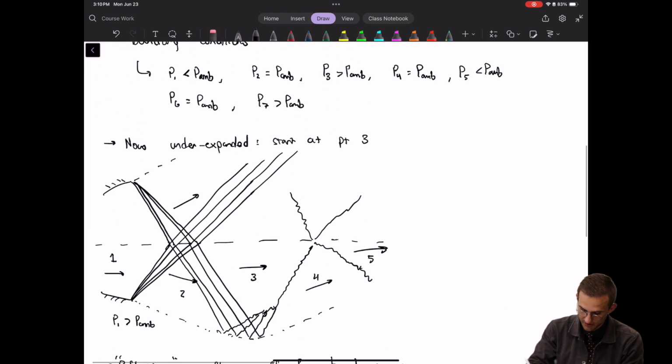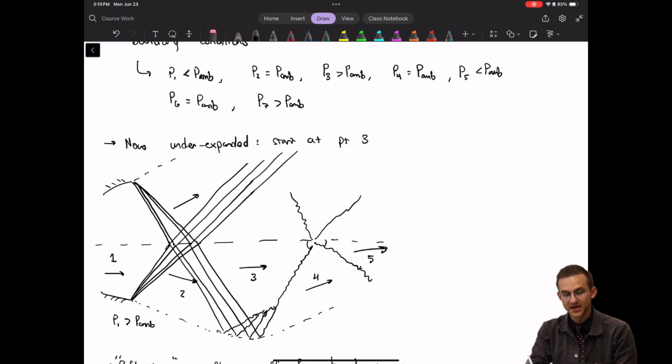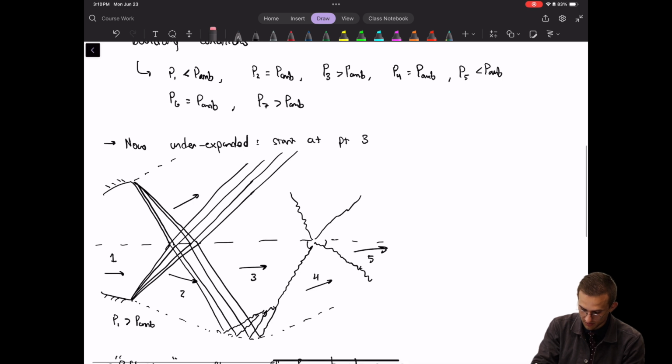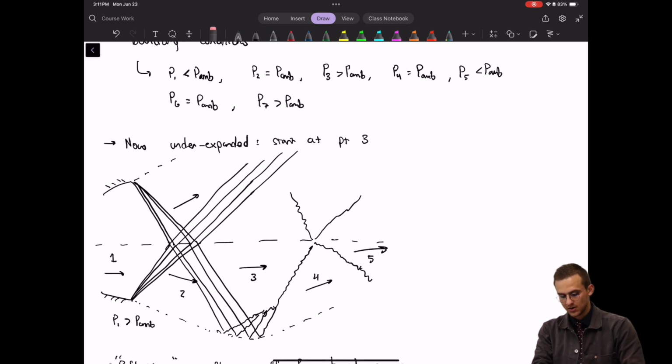So, like looking at this transition from 4 to 5 here, these two angles are not the same. Okay, there's some sort of rotation of the shock according to the pressure and flow direction conditions that will require a different shock angle. Okay, so just keep that in mind.